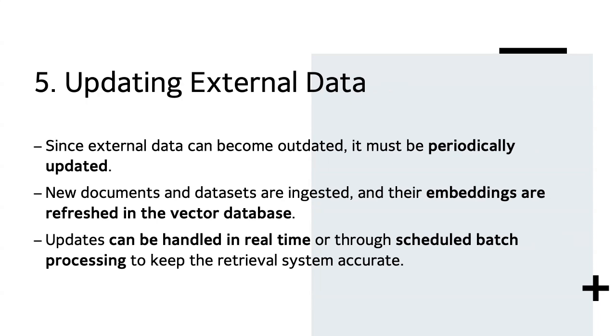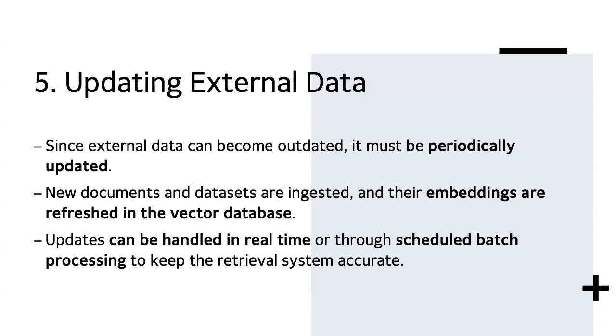Updating external data. Since external data can become outdated, it must be periodically updated. So in this case, you can update your database every second, or you can schedule some period, a cycle, in which your database is updated.